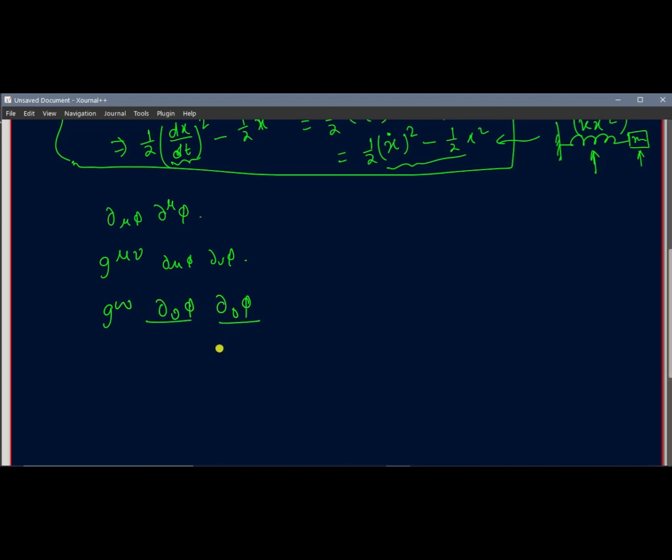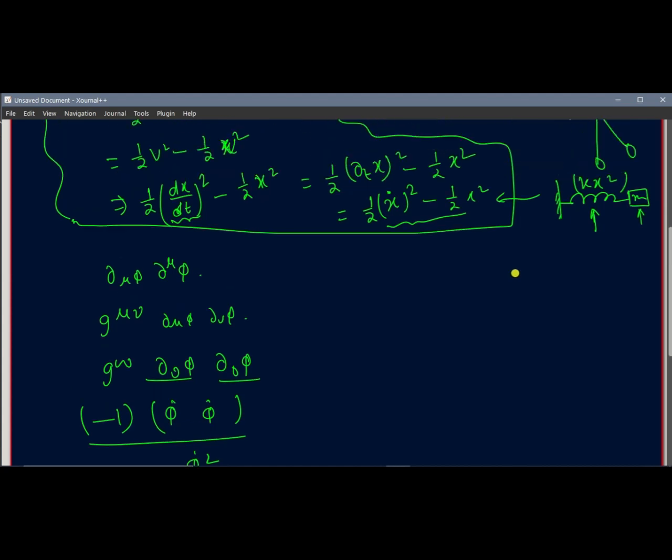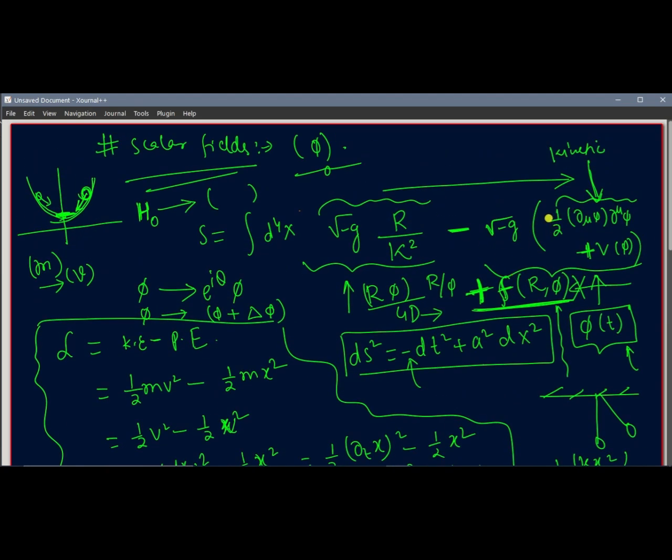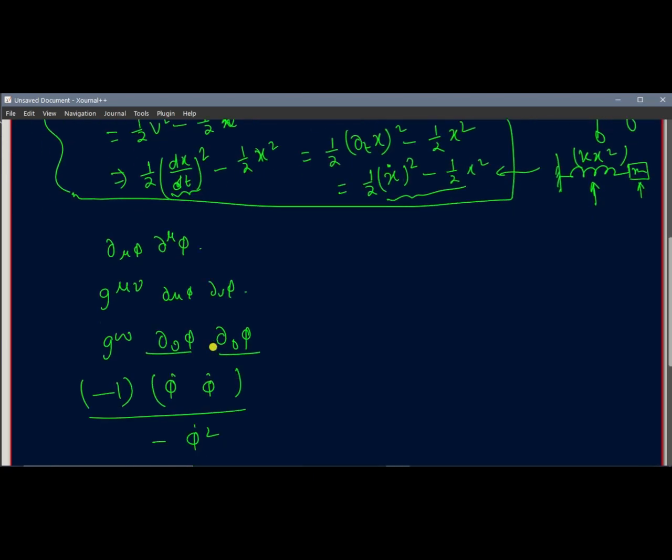Now d0 phi is basically phi dot, and g00 happens to be -1, so this is minus phi dot squared. Therefore we got the Lagrangian where one component has a negative sign, correct? That corresponds to this one. Either you take the negative common, like this. So this is what is happening there.